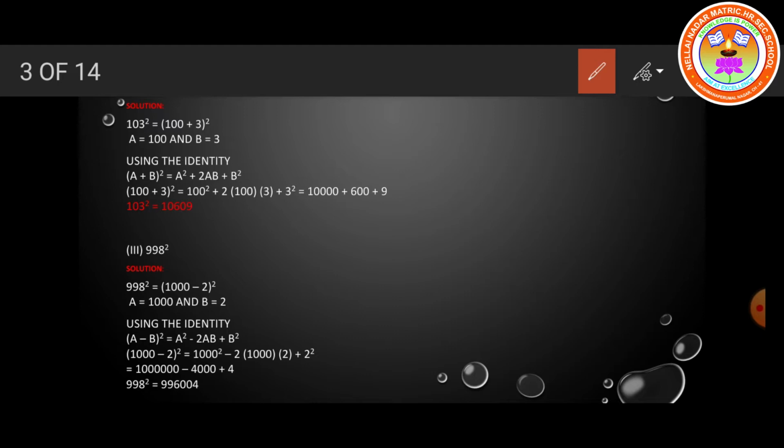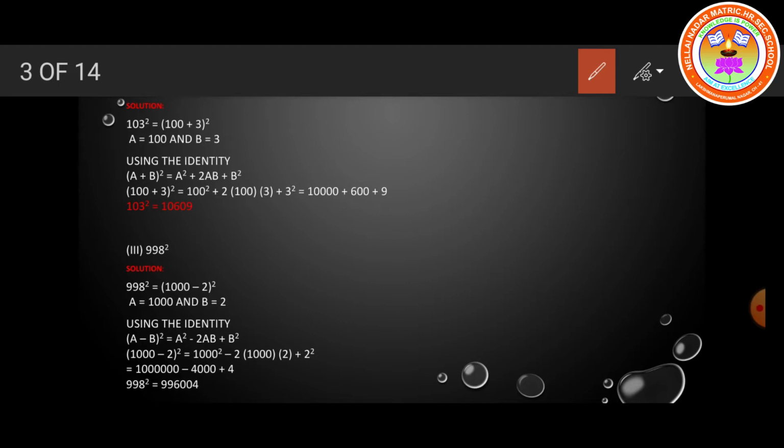Next sum, 998 square. 998 square can be written as 1000 minus 2 the whole square. Using the identity A minus B the whole square is equal to A square minus 2AB plus B square. Put A equal to 1000 and B is equal to 2. So how to add together?